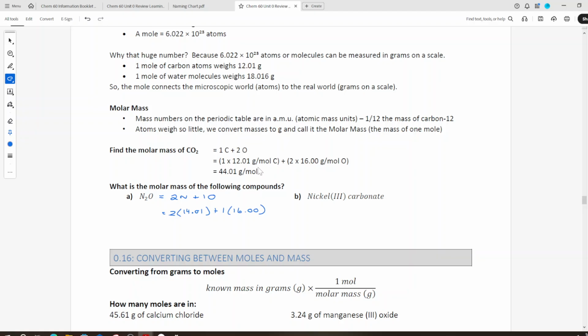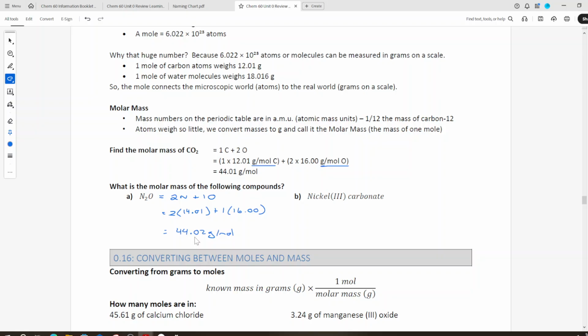You'll notice that in the example, I put units on there and all the things, but I'm showing you what I would actually do in my work. So then we're just putting into our calculator 2 times 14.01 plus 16, which is going to give a molar mass of 44.02 grams per mole.